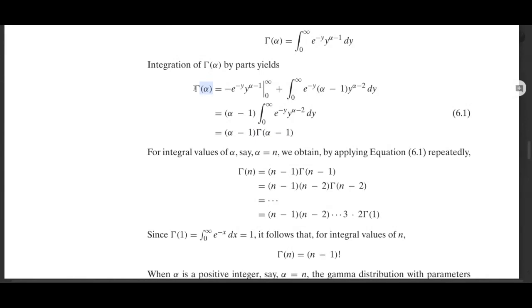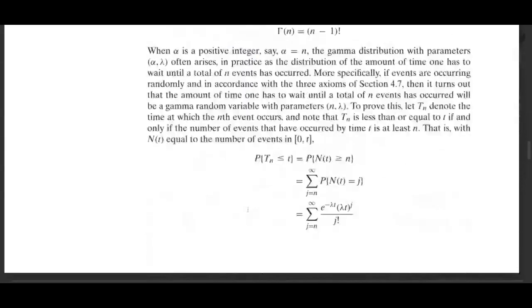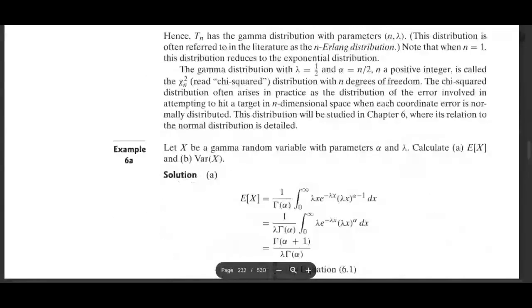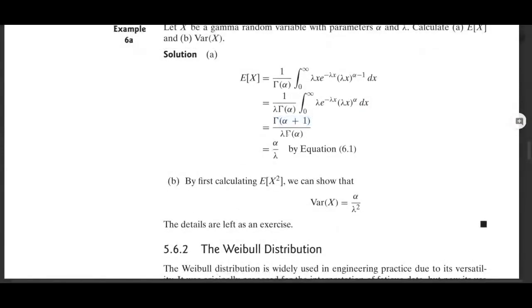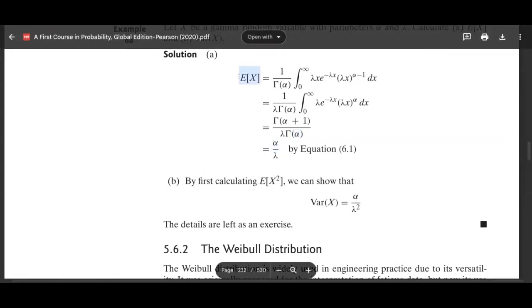Because we have gamma of alpha plus 1 divided by gamma of alpha, that equals alpha. So alpha over lambda, that's the expected value. Interesting, isn't it?